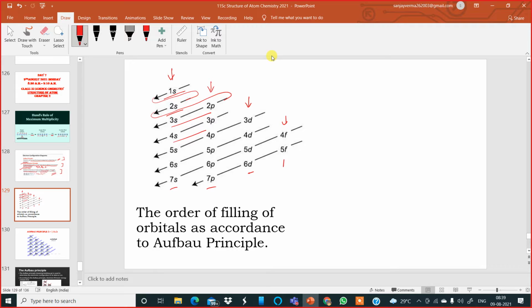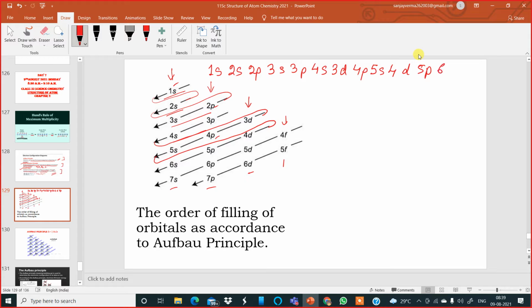First I start with 1s, then 2s, then 2p, then 3s, then 3p, then 4s, after 4s comes 3d, after 3d comes 4p, then 5s, after 5s comes 4d, after 4d comes 5p, and then 6s, after 6s comes 4f, then 5d, then 6p, then 7s, then 5f, then 6d, then 7p.